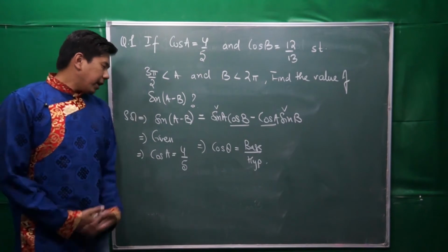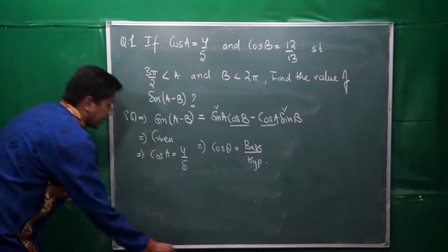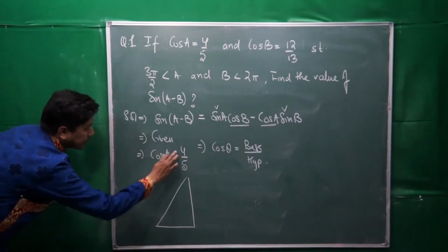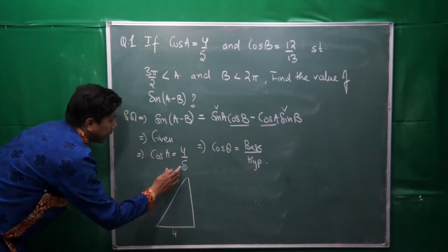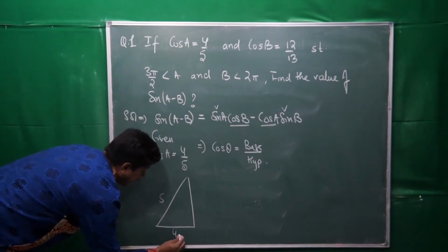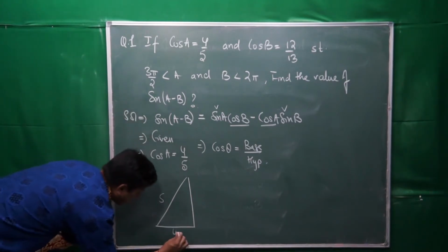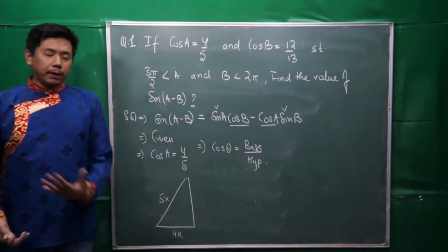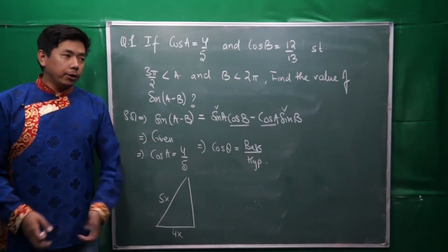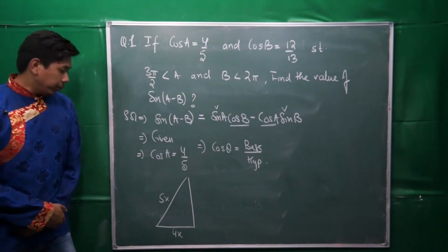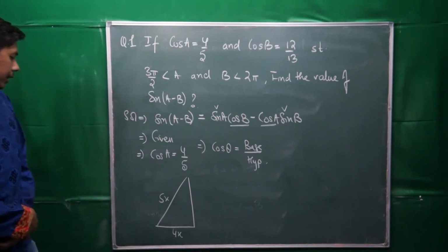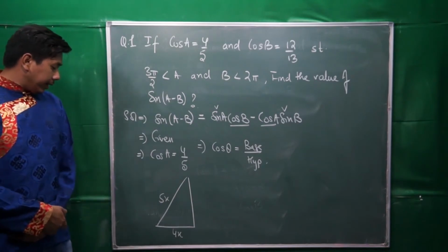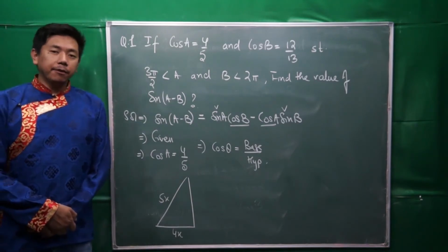So approximately we can say that in a right angle triangle, my base is 4 and my hypotenuse is 5. It would be correct if I wrote it as 4x and 5x, which is the practical and right way of showing it. So 4x is the base of the right angle triangle and the hypotenuse is 5x.